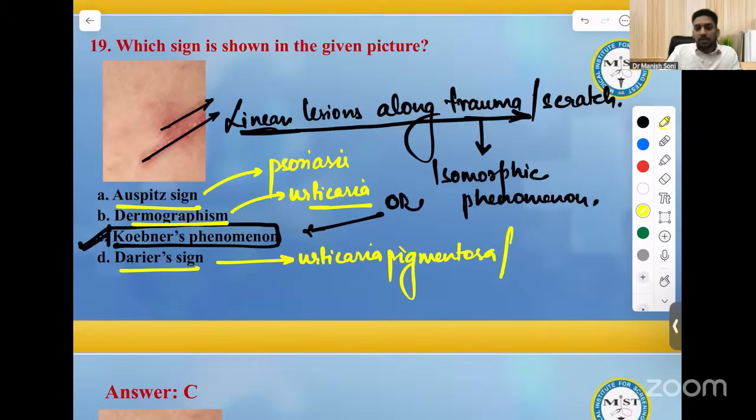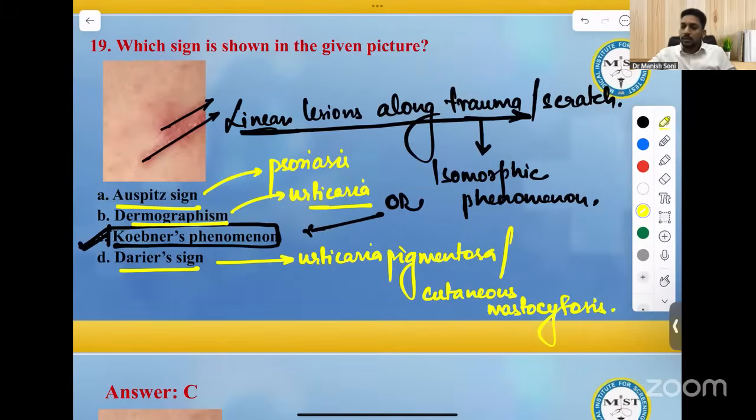Urticaria pigmentosa is also known as cutaneous mastocytosis. So in cutaneous mastocytosis, that is urticaria pigmentosa, Darier sign is seen. All these are important.